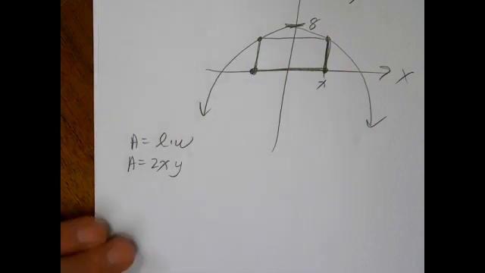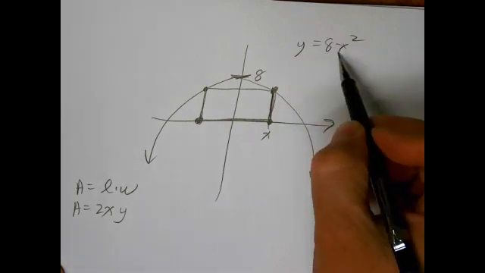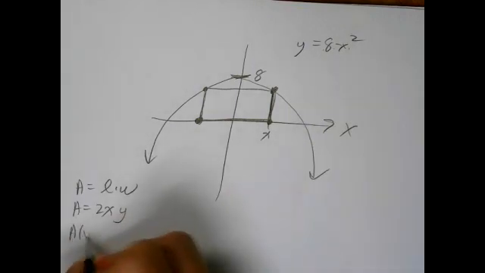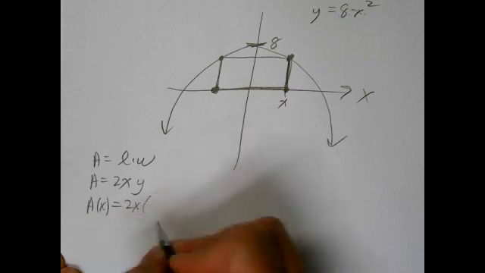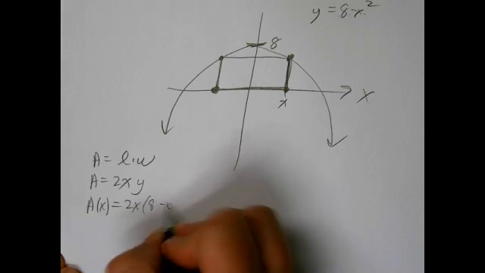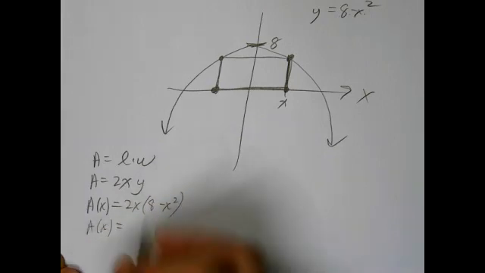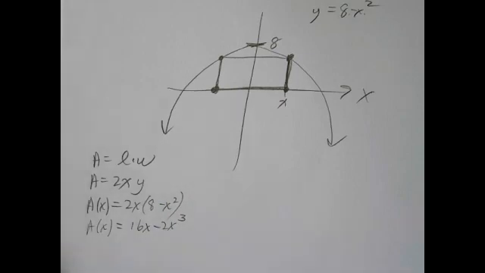But they told us that it has to touch this parabola. So the y value is 8 minus x squared. So the area just became a function of x, and it's equal to 2x times 8 minus x squared. So on that one, I would distribute. And it should be very straightforward to take a derivative and maximize.